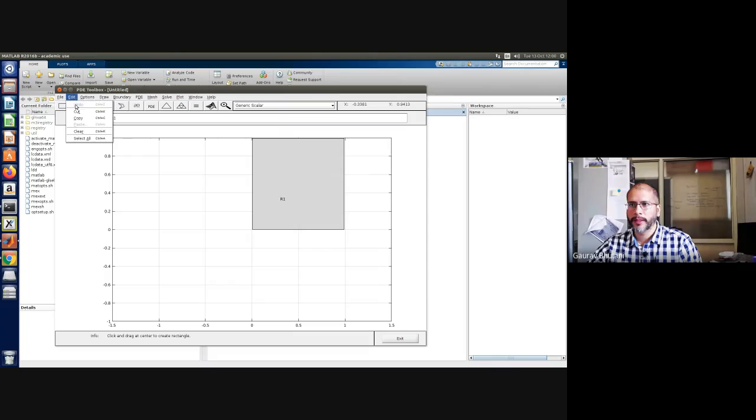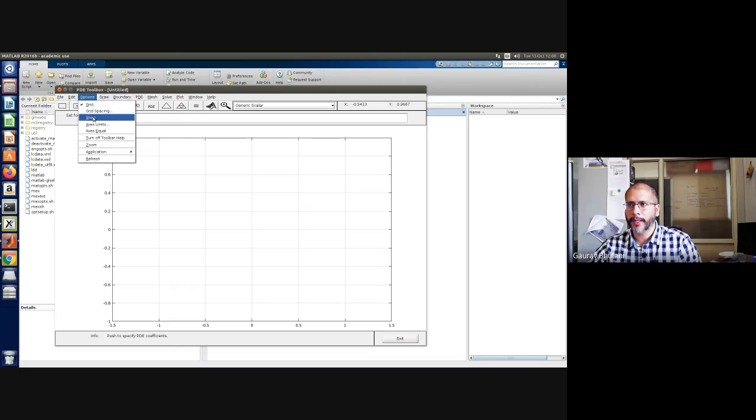Let me delete it, and then I can actually write snap. What it does is it snaps to the grid. That becomes easier for me. So now it is a size 1 by 1. Okay, so it actually takes it as a square rather than a rectangle.